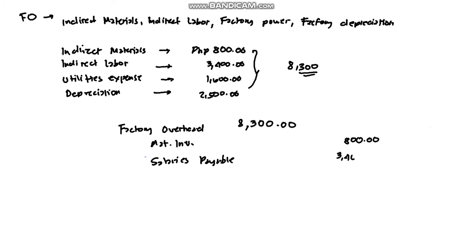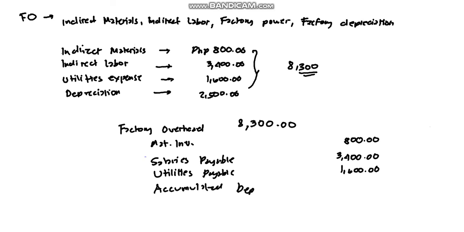So you should know how this should be entered in the books. Utilities payable if it's not yet paid, or of course cash if it's been paid directly, so that's 1,600. And of course, when you debit depreciation, there should be a corresponding accumulated depreciation of 2,500. So the recording is quite easy.